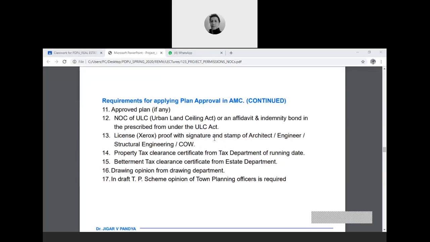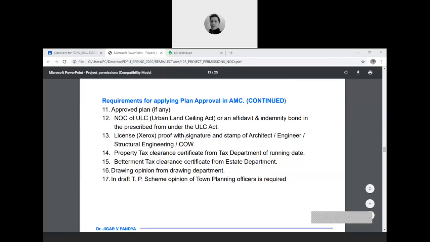So they need to get registered with the municipal corporation, and those four people are the architect, the engineer. If you don't have an architect, the engineer can also prepare drawings for you, it's fine. But you need to make sure that they are registered. Then there is the structural engineer and the clerk of work.